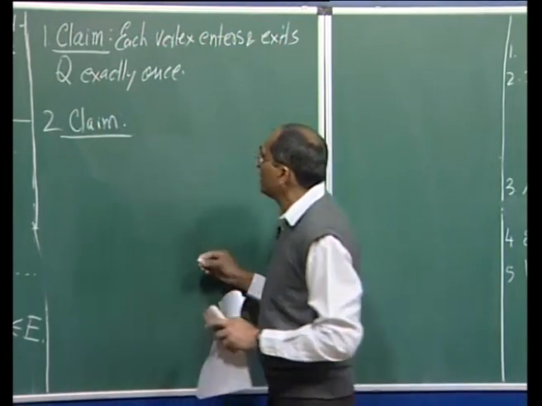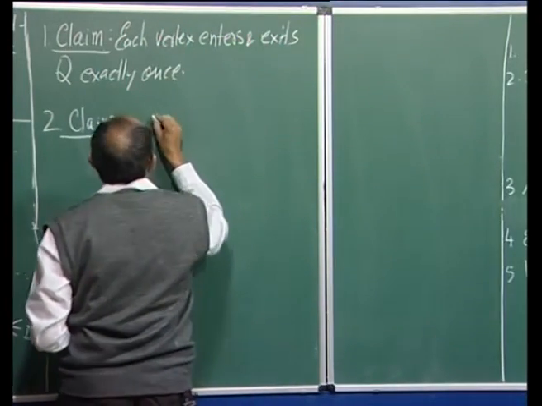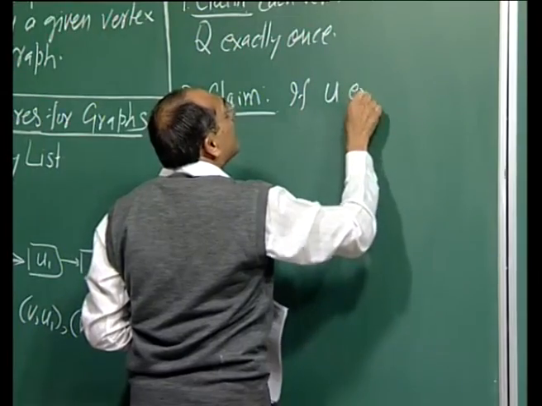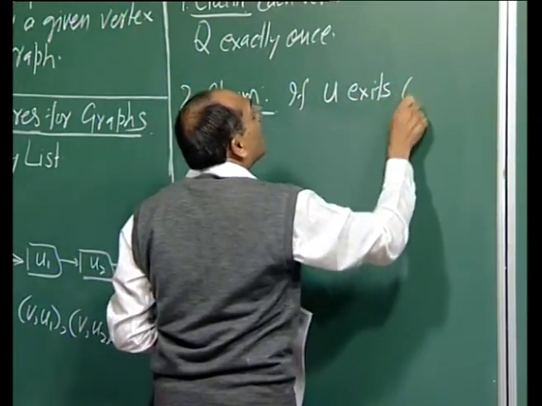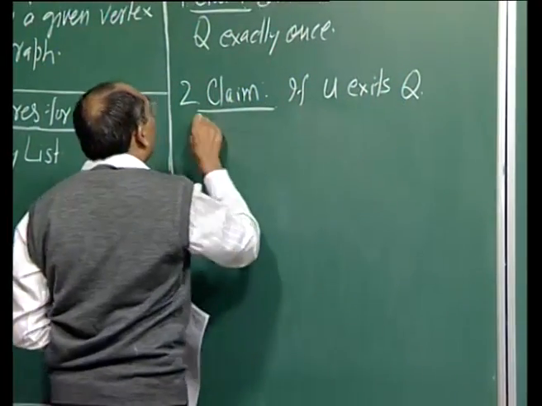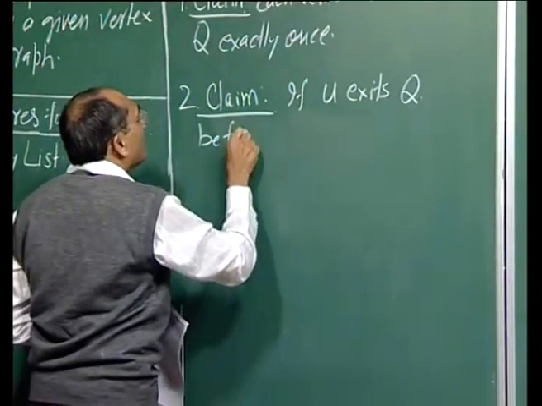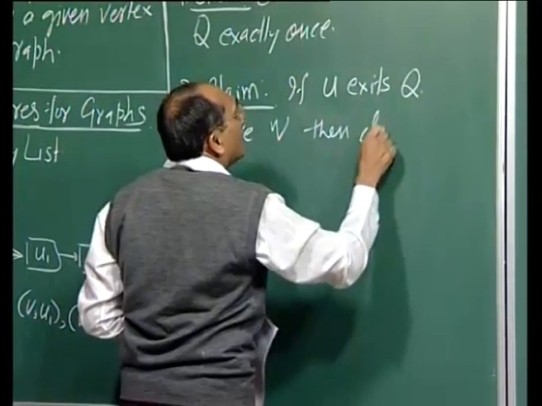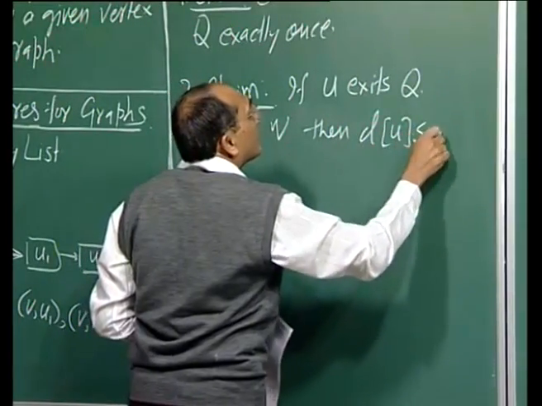Okay. So we will say that if U exits Q before V, then d of U is less than or equal to d of V.